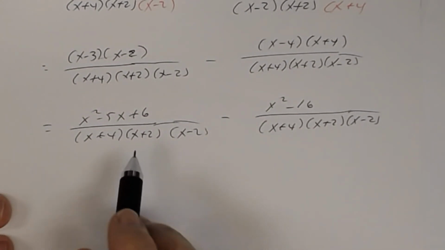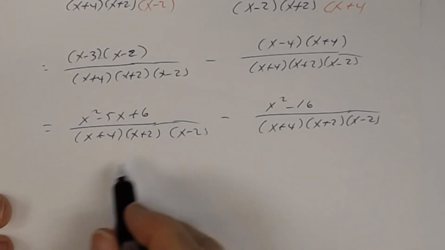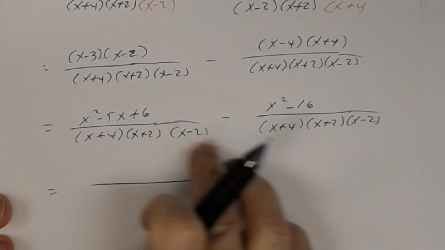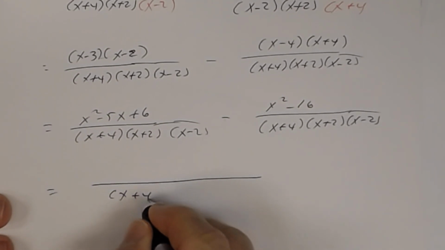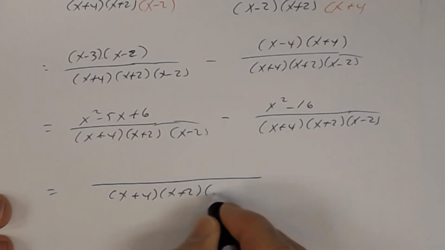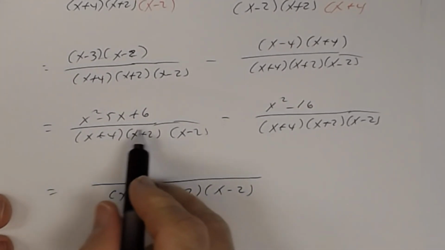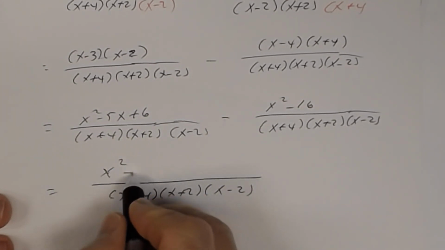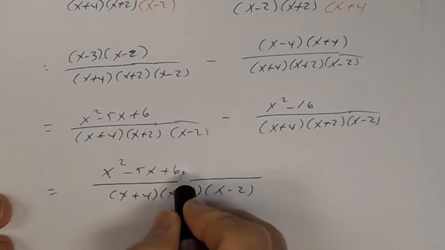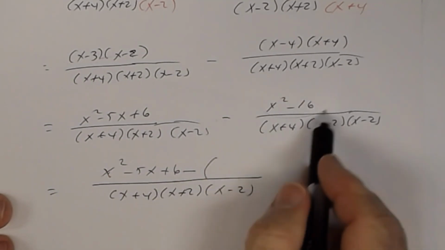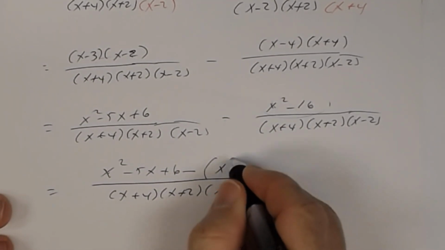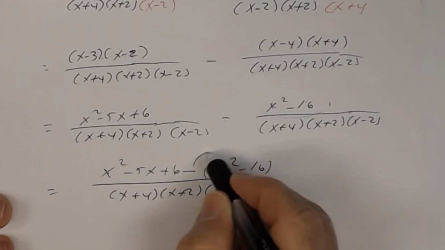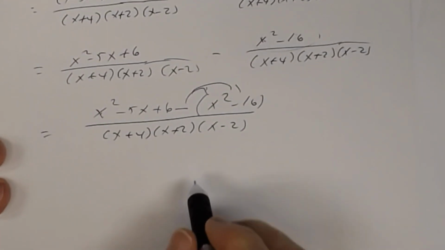Okay, now listen carefully. See, this is subtraction. You got to be careful. So now I'm going to write this as one rational expression with this denominator, x plus 4, x plus 2, x minus 2. I'm going to rewrite this. Be careful when you subtract. So x squared minus 5x plus 6. And now you're subtracting all of this, so put that in parentheses, just like this. Now you're going to distribute the negative through here.